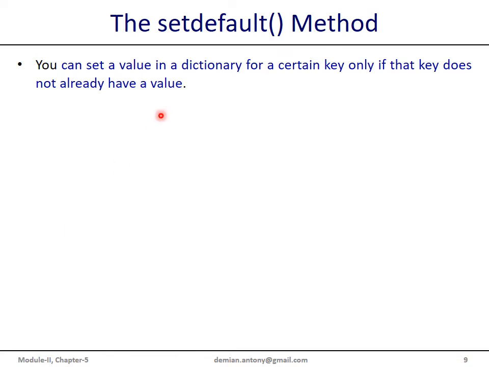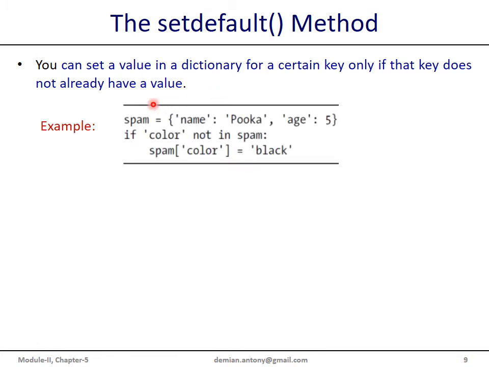We can add new items onto the dictionary provided the key of the new item is not present in the dictionary. To ensure the unavailability of the key in a dictionary, commonly we use the in operator like this.